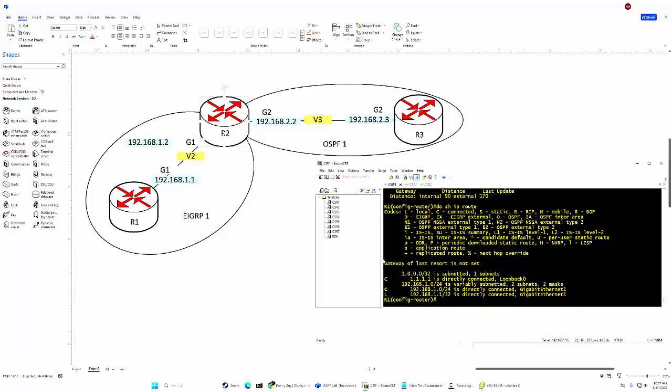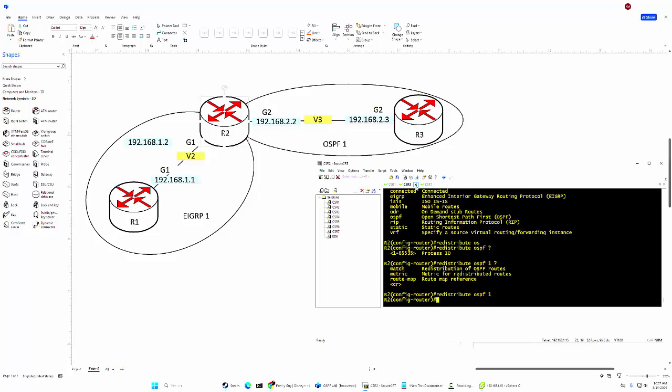Here's the thing. First of all, when I say redistribute OSPF, it's only going to redistribute the OSPF routes that are in the routing table.